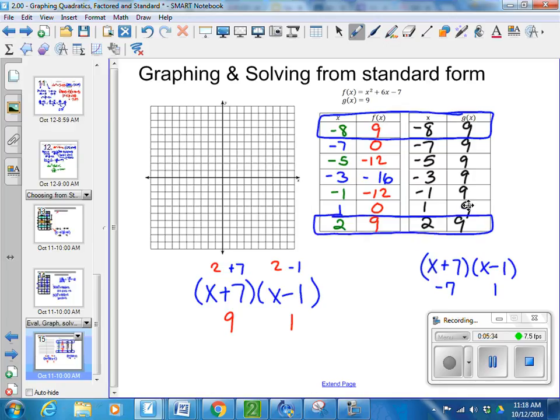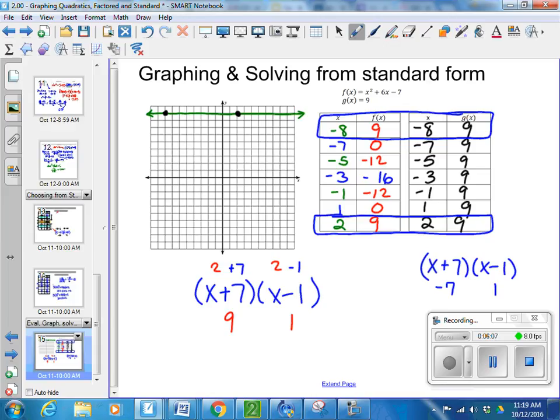Now, if it didn't happen in my table, I probably would have just gone ahead and graphed them and then seen where things intersect. So what I'll do is graph g of x first, and that'll be up here. So there's my g of x. And as I graph f of x, I know that at negative 8, f of x is equal to 9, and at positive 2, it's also equal to 9.